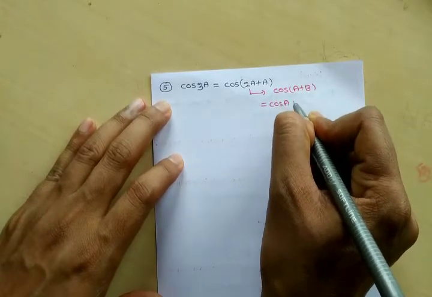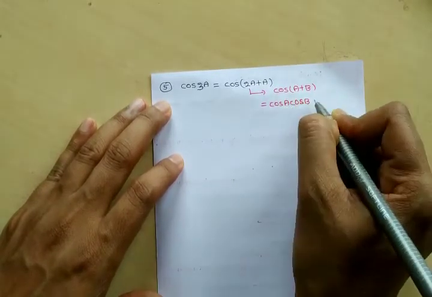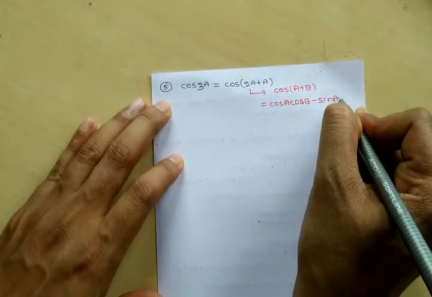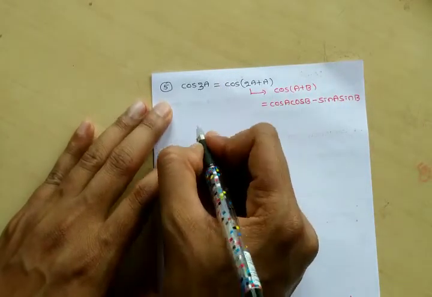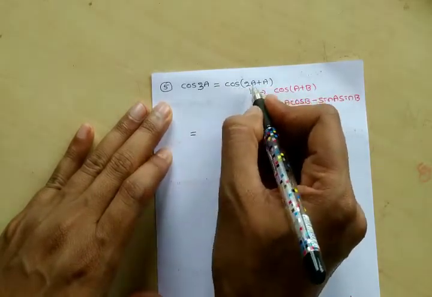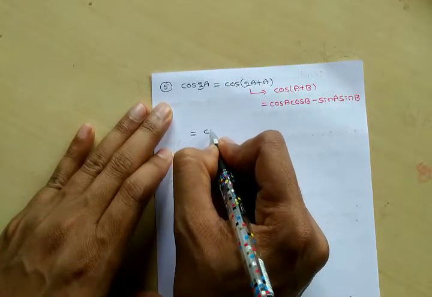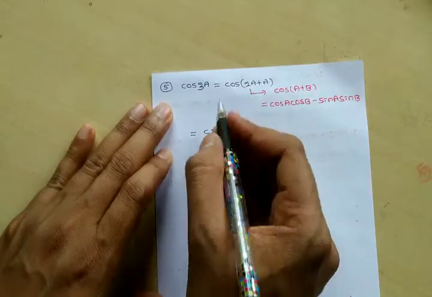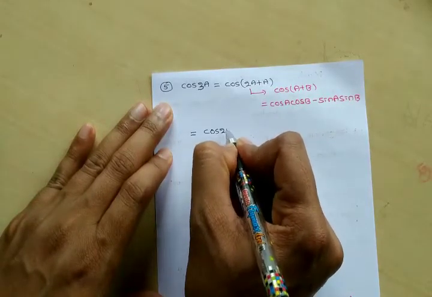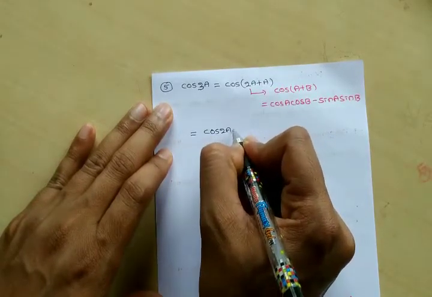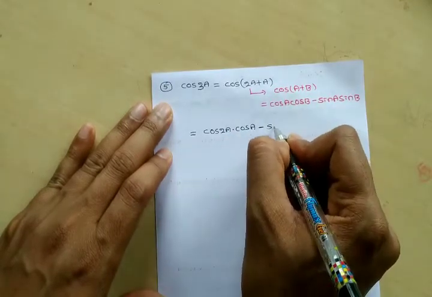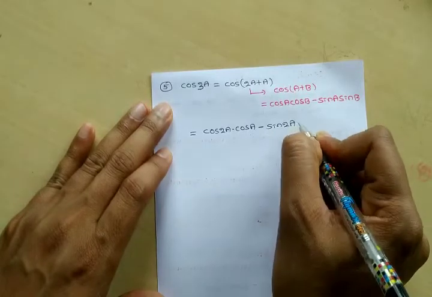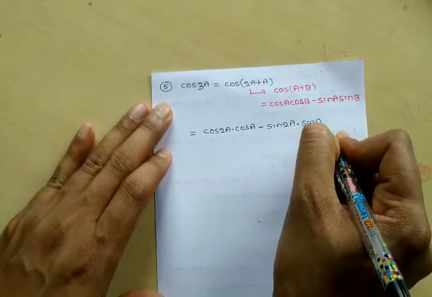Cos A cos B minus sin A sin B. So replace. Which is equal to cos 2A plus A can be written as cos 2A into cos A minus sin 2A into sin A.